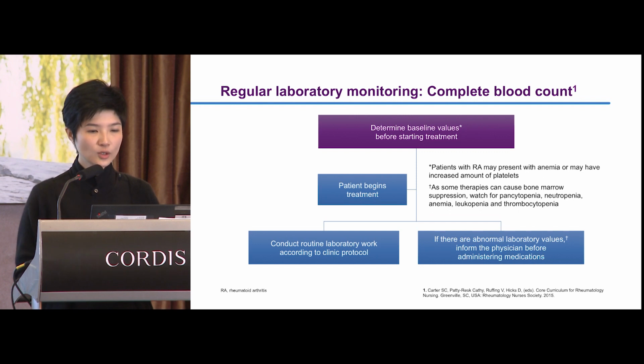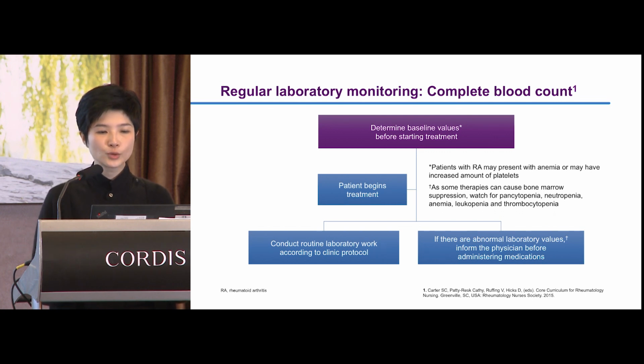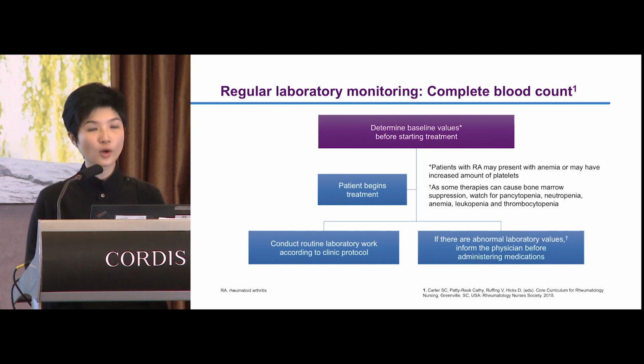As some therapies can cause bone marrow suppression, we should also watch out for pancytopenia, neutropenia, anemia, leukopenia, and thrombocytopenia. So after we start the treatment, we should conduct regular monitoring of these bloods, and if there are any abnormalities, we should inform our physicians before we go into administering the medication.